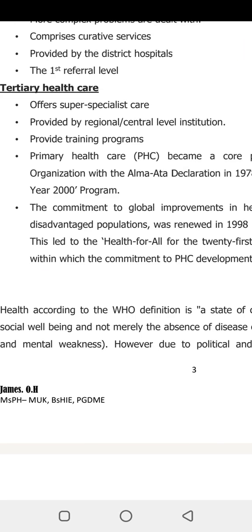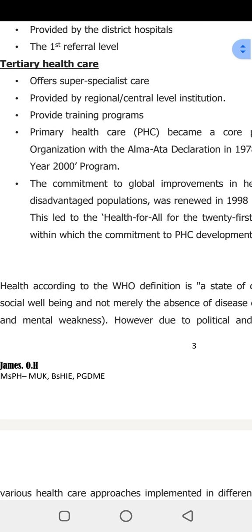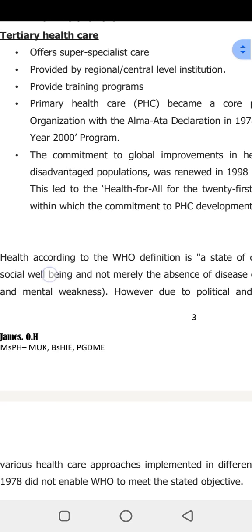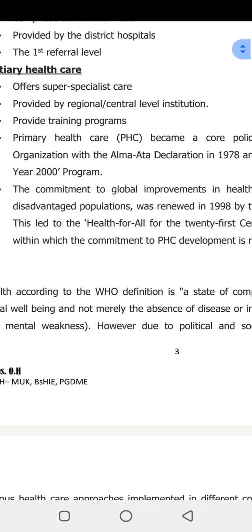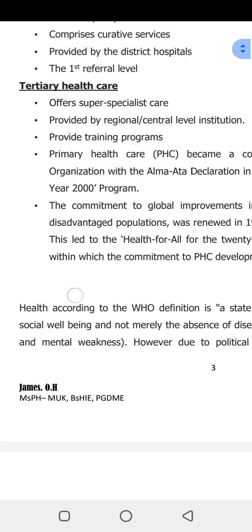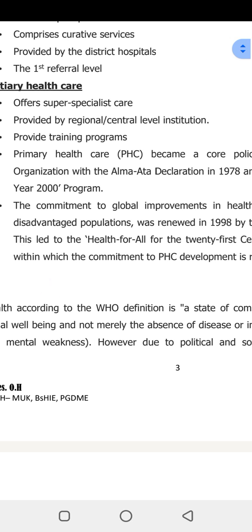You go to Mulago. Then here we provide training programs. We train people how to take charge of themselves. We train people in different activities, different programs. We make an alarm.